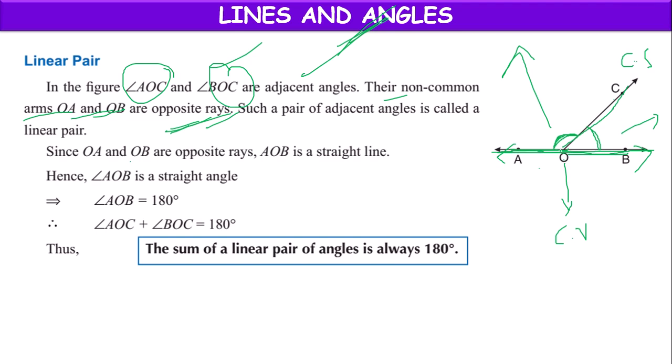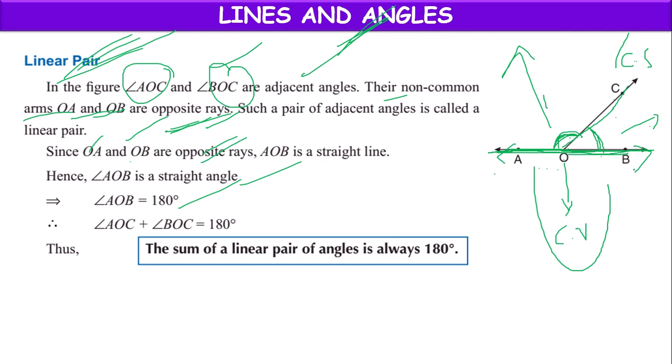So this kind of pair of adjacent angles is called a linear pair. If they have a common vertex and a common side with no interior points in common, but the non-common arms are opposite arms, then those adjacent angles form a linear pair. So AOB is a straight line, OA, OB are opposite rays, so angle AOB equals 180 degrees.